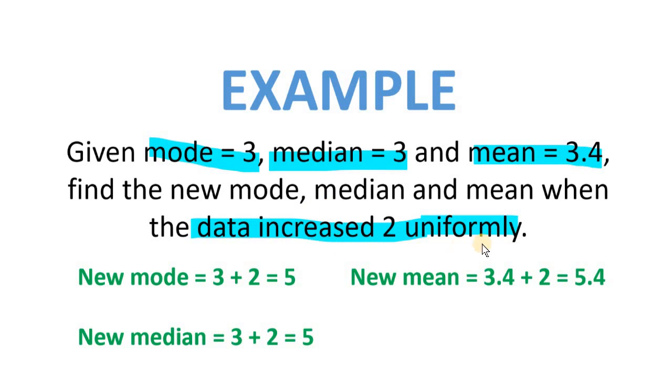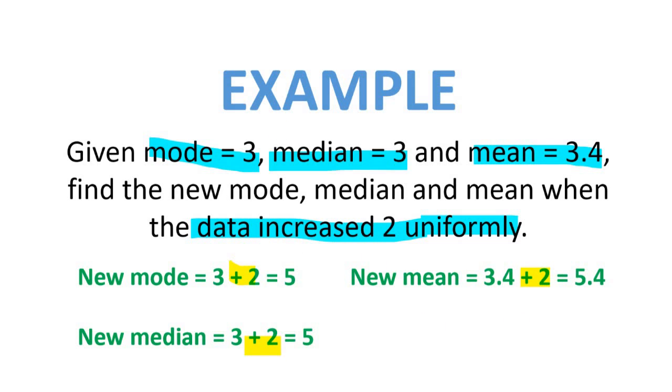So all the mode, mean, and median will also change according to the increase of 2. The new mode will be 3 plus 2, and the mean and median are the same, plus 2. Everything plus 2.